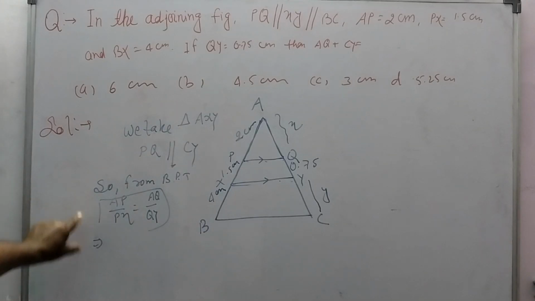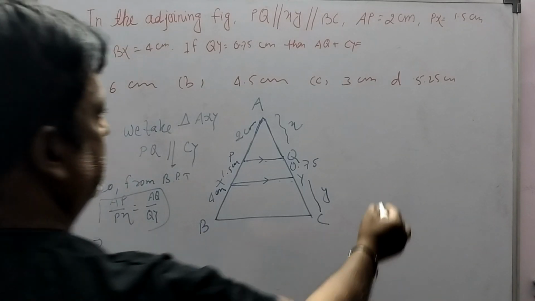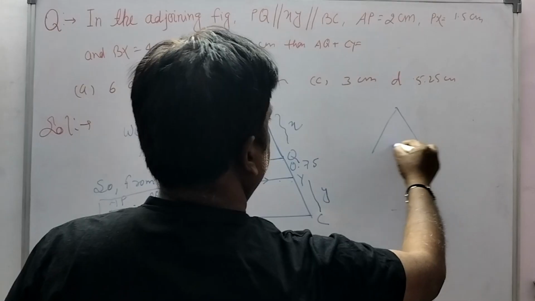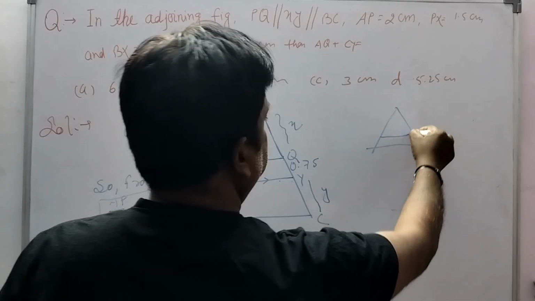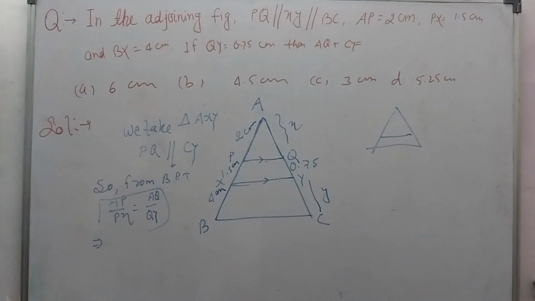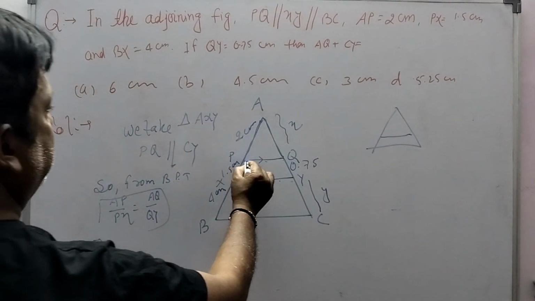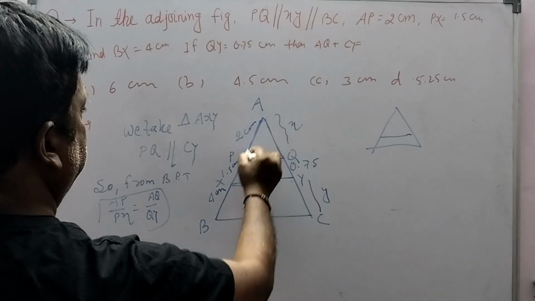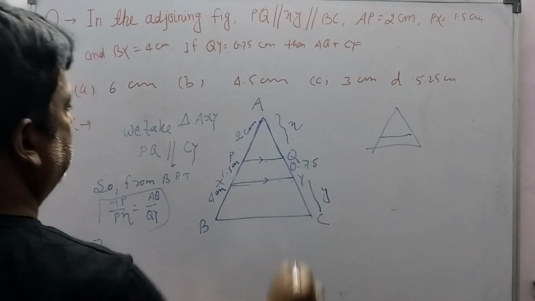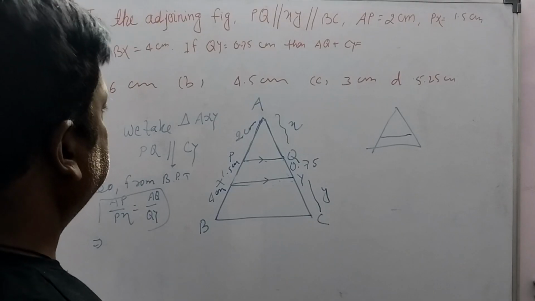According to BPT, if any parallel line is drawn to any side of a triangle, then the remaining two sides are divided in the same ratio.